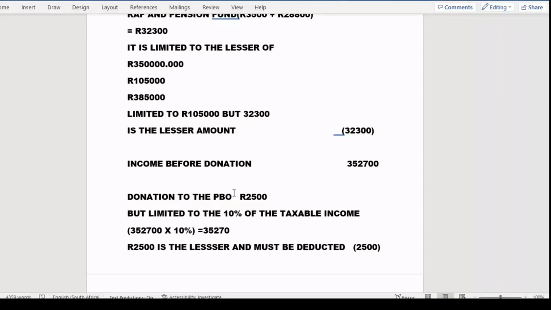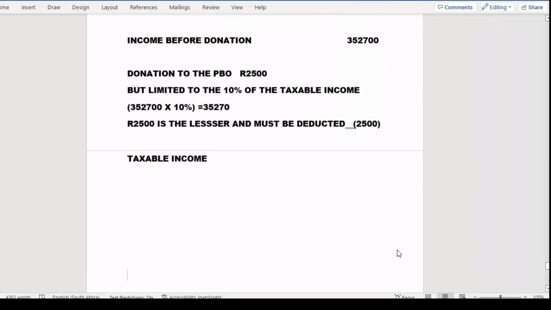So you're going to say 352,700 minus 2,500. We've got 350,200. That's your taxable income. So the taxable income is 350,200.